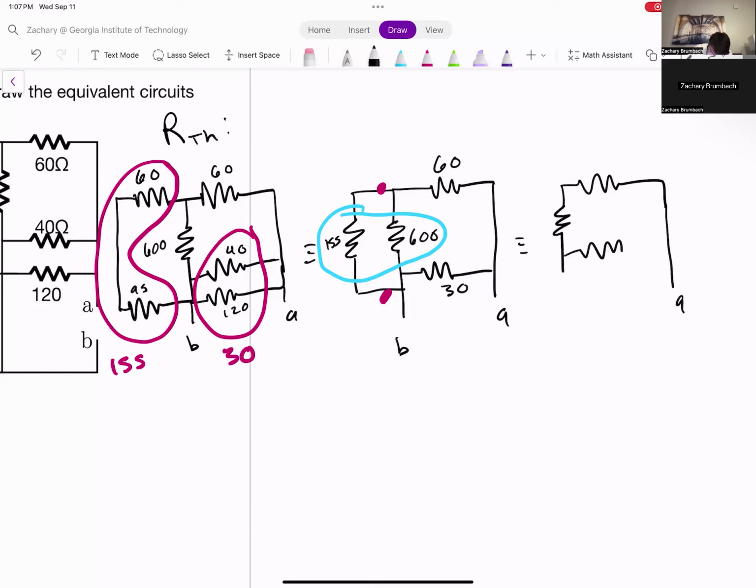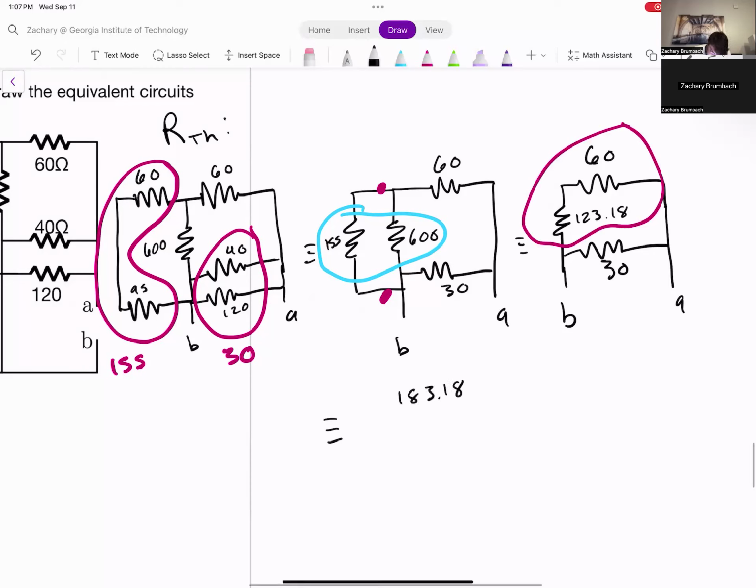Here the equivalent becomes, A, B, 30, 60. This is 123.18. So now these two are in series. So this becomes 183.18, in parallel with 30.